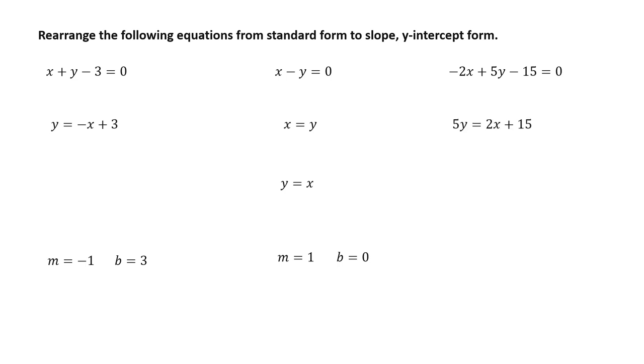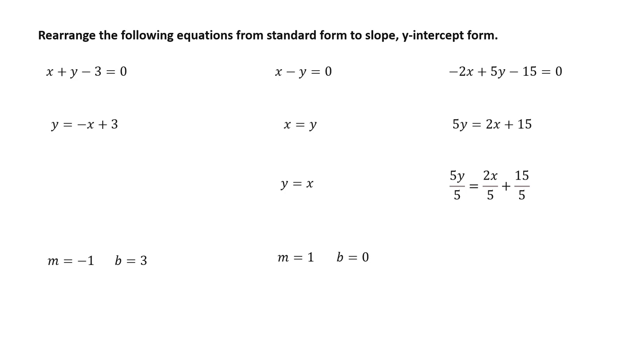In negative 2x plus 5y minus 15 equals 0, as always, we keep the y on the left-hand side, so 5y equals positive 2x plus 15 once the other values are brought to the other side. Now, we want to isolate y. To do this, we're going to divide the left-hand side by 5, and we'll do the same to the right.